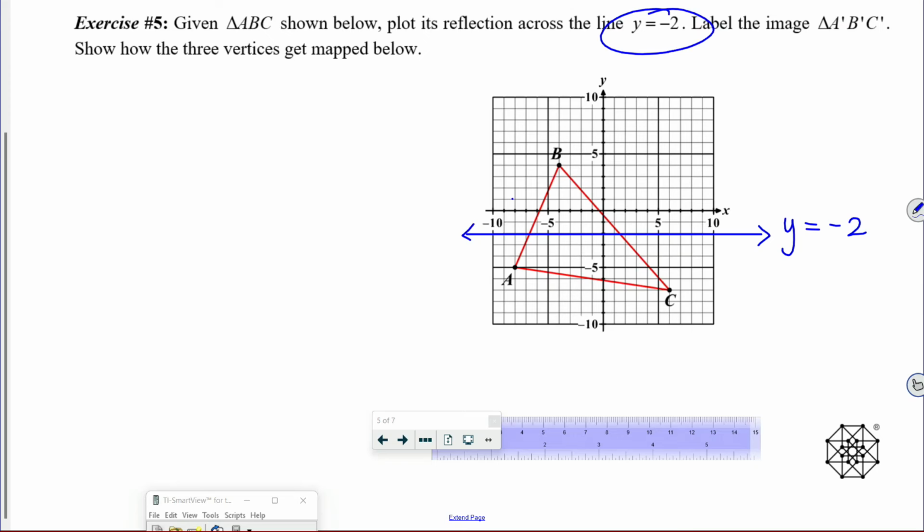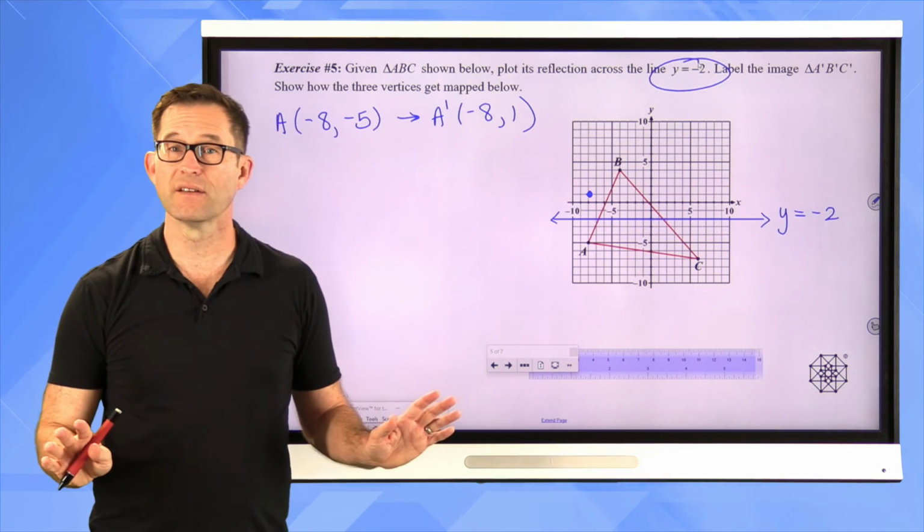So I can immediately just do that by counting. And what I'll see is that A, which is sitting at -8, -5, will get mapped to A prime, which is now at -8, +1.